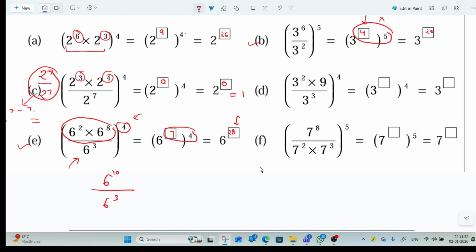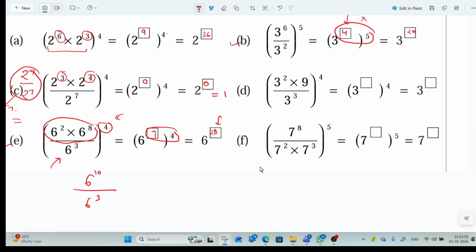28. Try this. F. Now you need to first multiply these two, right? How much is this? 7 to the power 8. You're taking 8. 3 plus 2, 5. Yeah. Now you have 7 to the power 8 over 7 to the power 5.